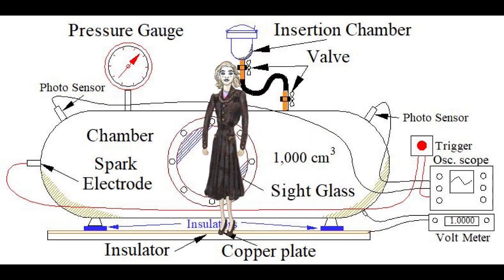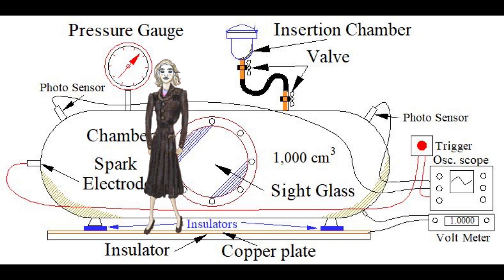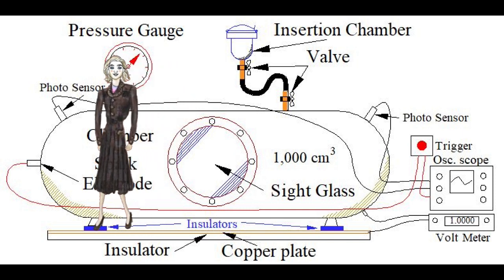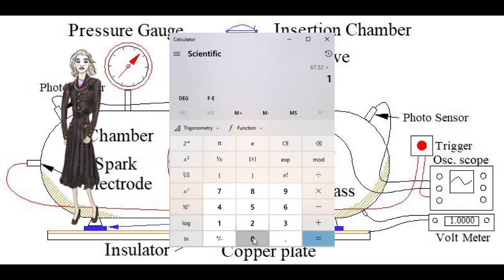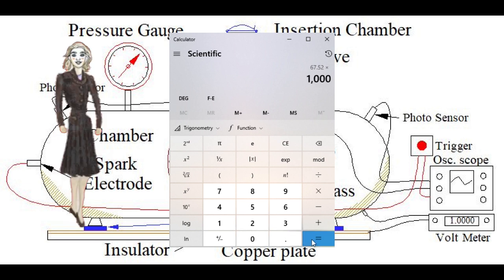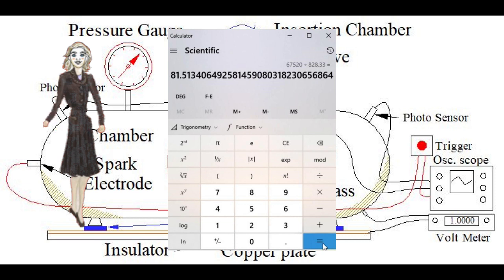We take this volume of heat energy, which is 67.52 degrees Fahrenheit, times 1000 cubic centimeters, is 67,520 divided by 828.33 cubic centimeters equals 81.513 degrees Fahrenheit.